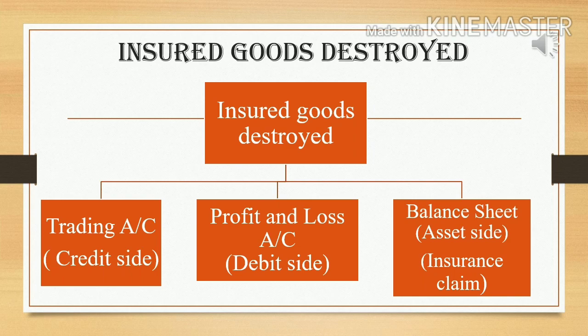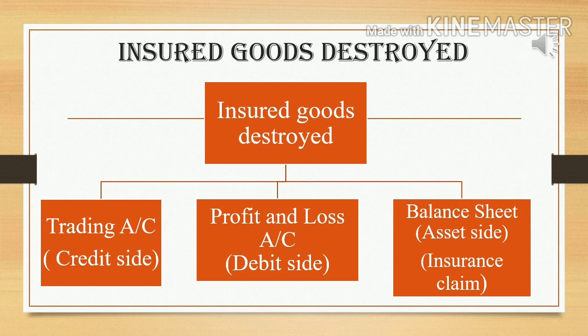Goods actually destroyed were 10,000 rupees and the insurance company gave me a claim of 6,000 rupees. So basically I ran into a loss of 4,000 rupees. So in profit and loss account debit side, I will record loss from fire 4,000 rupees. And the last, in the balance sheet, I will write down insurance claim 6,000 rupees.